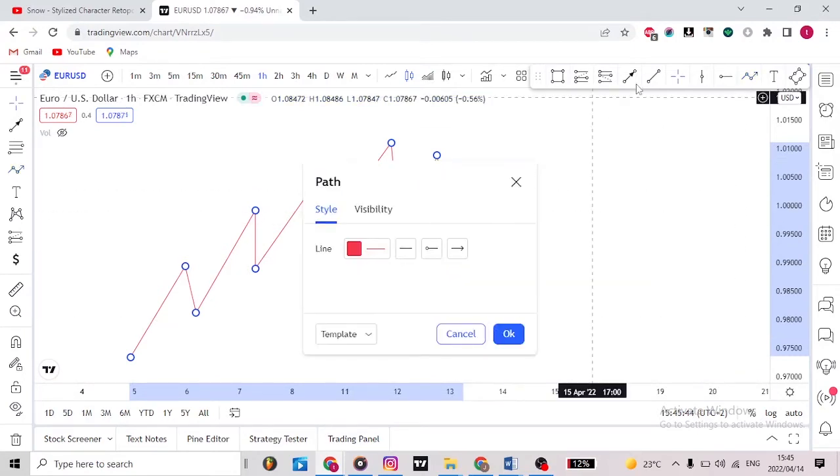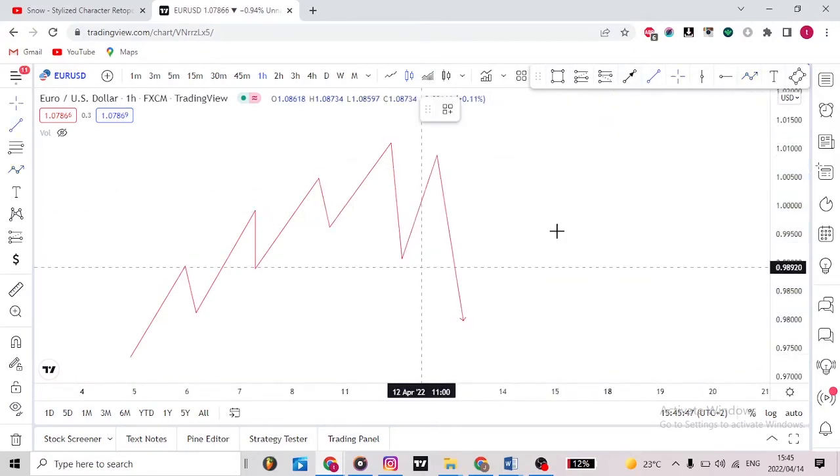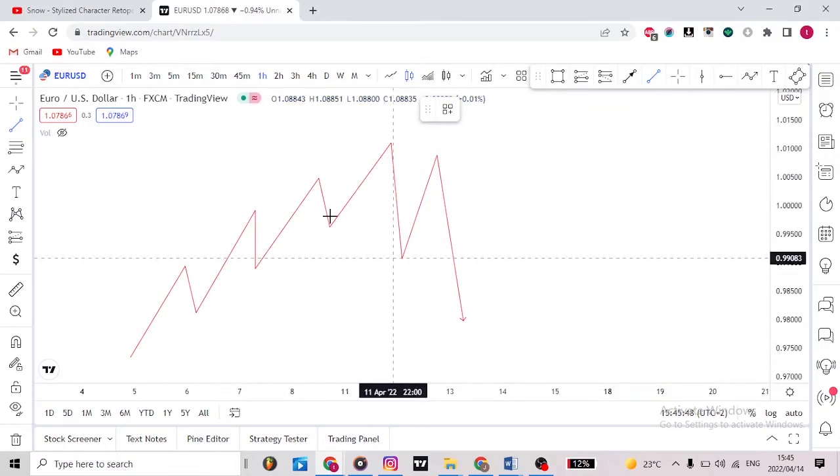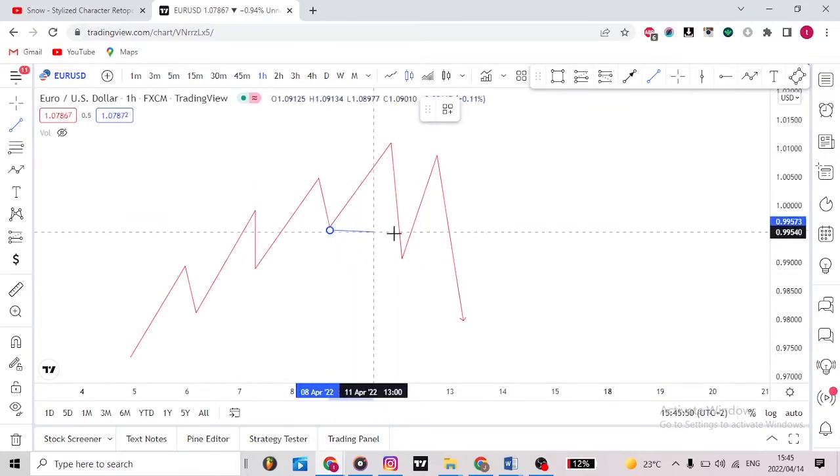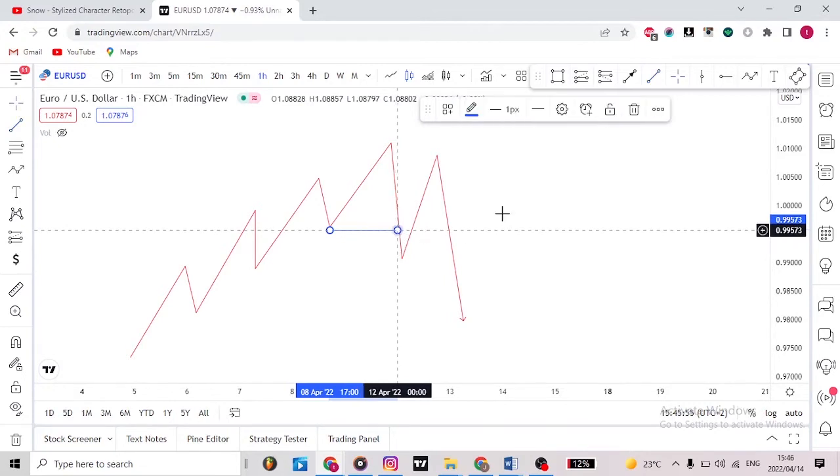So let's just label this structure. This here would be our change of character.